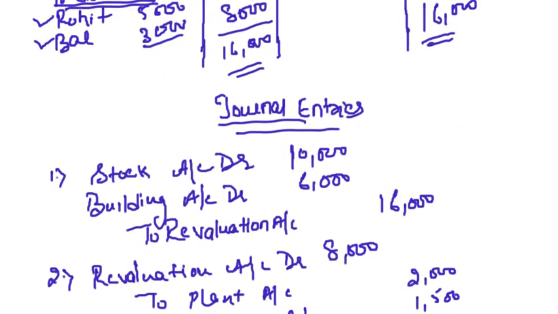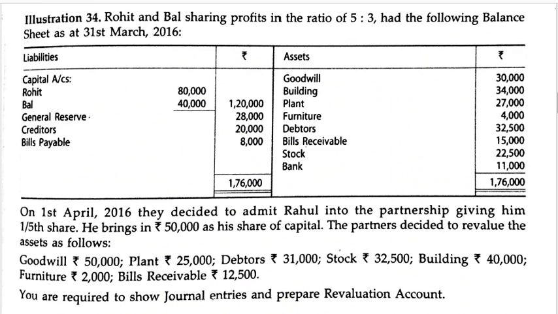Now what you are going to do is, see this balance sheet you have. Now if I talk of a new balance sheet, if you have to prepare a balance sheet on 1st of April 2016, what will be the balance sheet? This goodwill we have already written off. So this goodwill will not appear in the books. Building we know value is 40,000 now. Right?